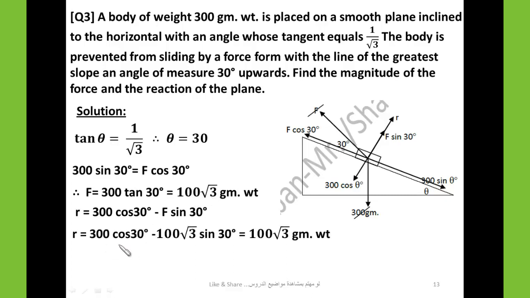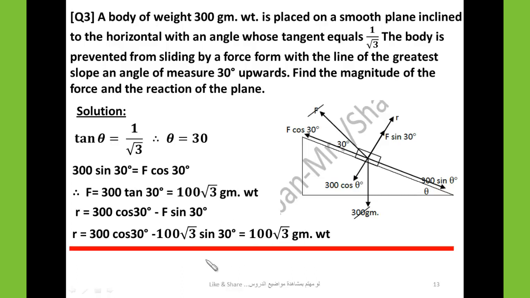So R equals 300 cosine 30 minus 100 root 3 sine 30, which equals 100 root 3 gram weight. Now we have the magnitude of F and the magnitude of R, and you can also solve this problem using Lami's rule.